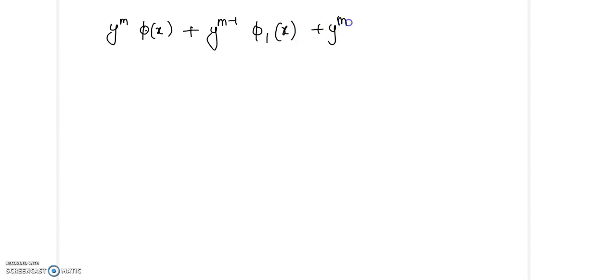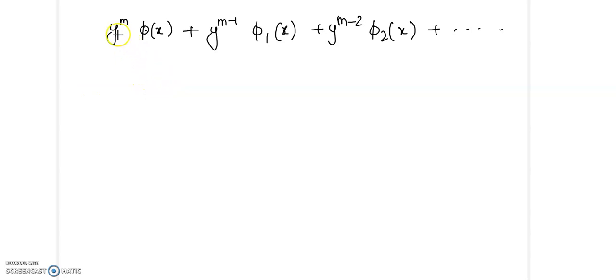So let me write the equation in the form y power m, the highest power of y, along with a coefficient of x, which I write as phi of x. Then the next power will be y power m minus 1 phi 1 of x, y power m minus 2 into phi 2 of x, plus etc.